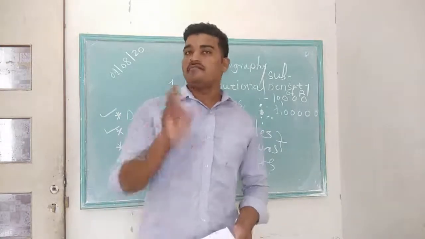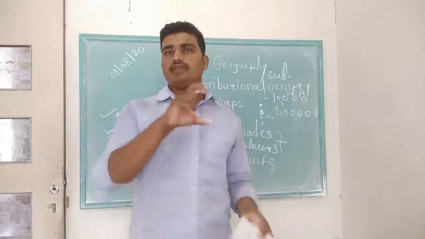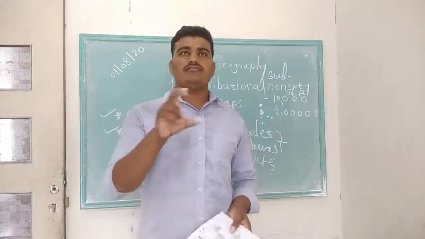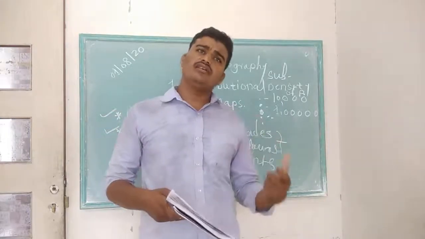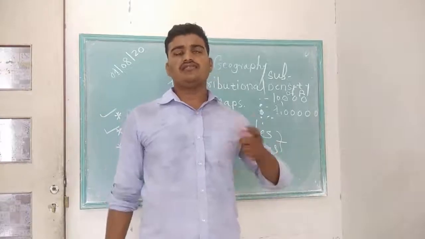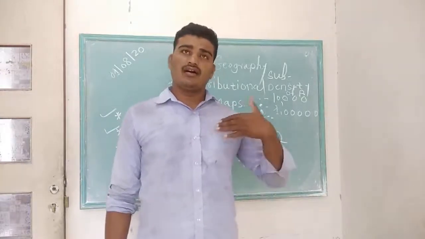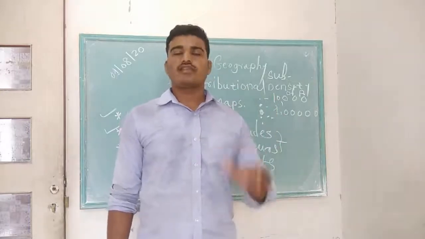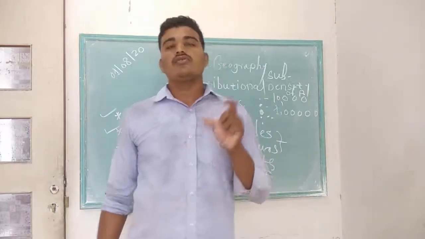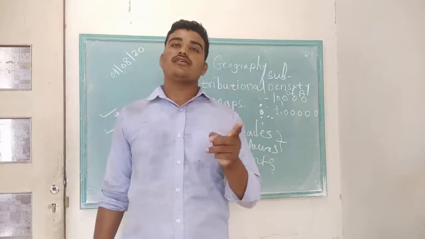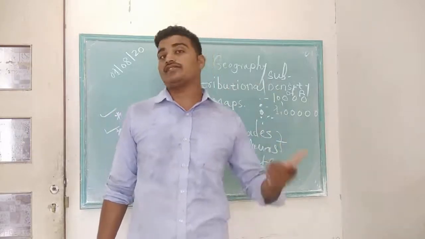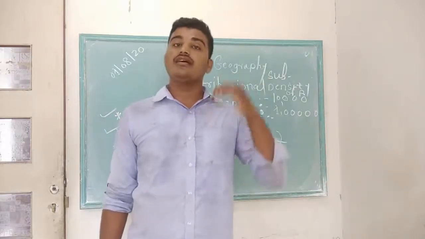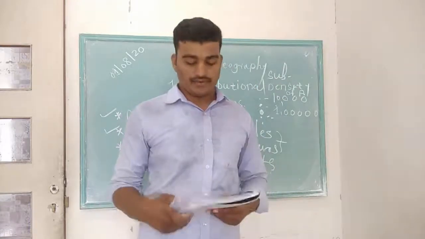In between, for moderate values, a moderate color is used, not so dark and not so faint. So only one color is used, but its different shades are used in the choropleth map.